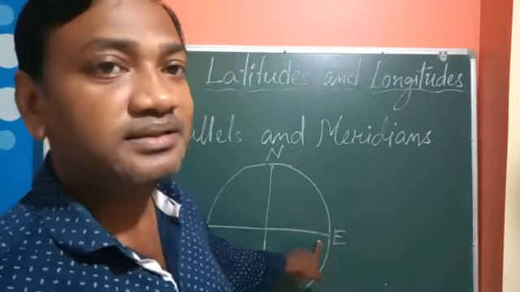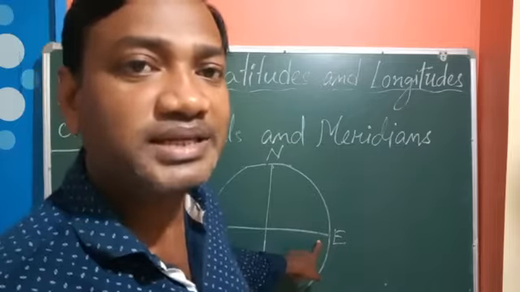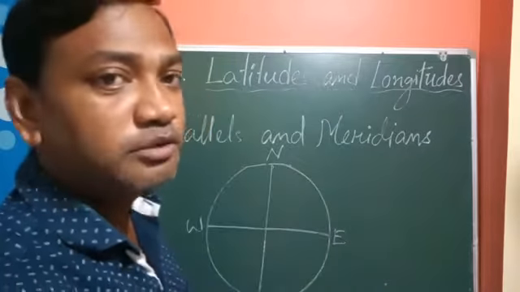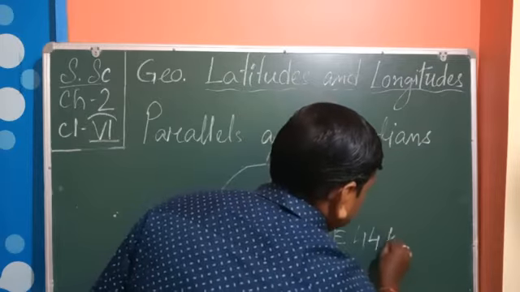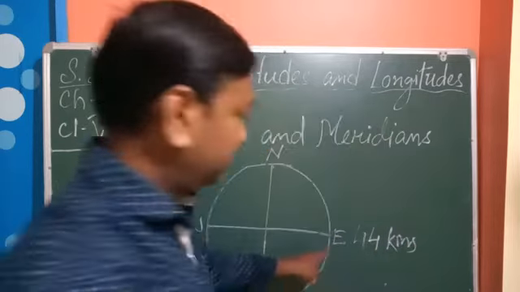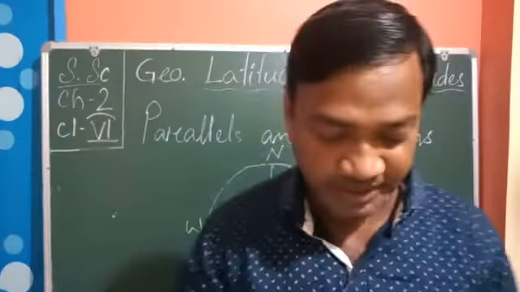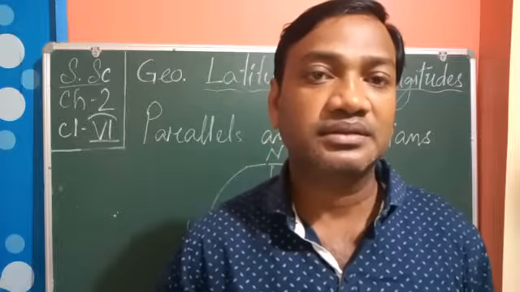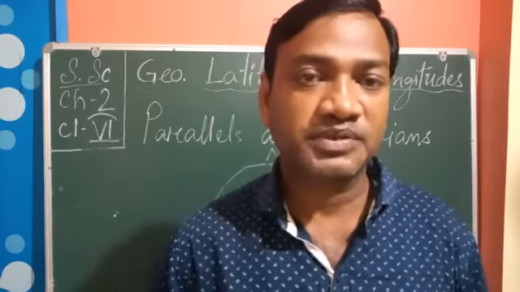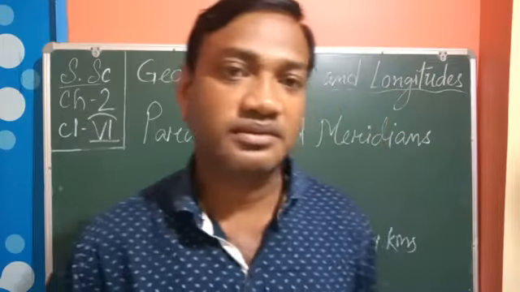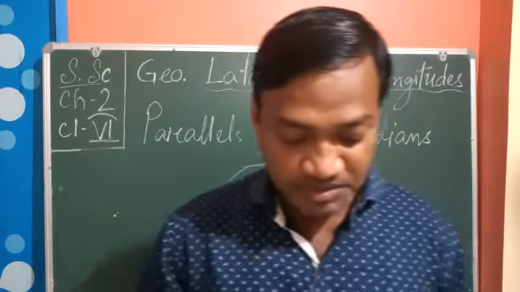This side, because of the bulging, is 44 kilometers more. But for all practical purposes, we consider that the shape of the earth is like a sphere, but actually it is not like that.